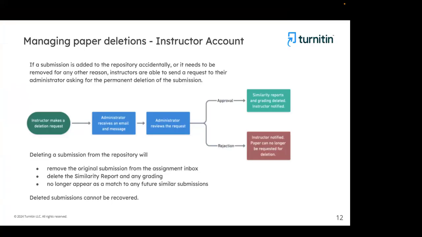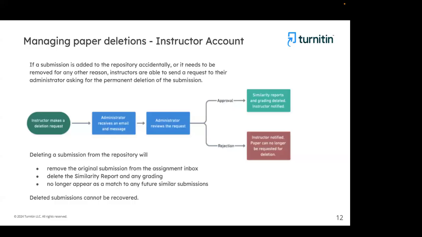If a submission is added to the repository accidentally, or it needs to be removed for any other reason, instructors are now able to send the request to their administrator asking for permanent deletion of the submission. We no longer need to write to the support team for paper deletion. We no longer need to reach out to account managers for any help regarding paper deletion.